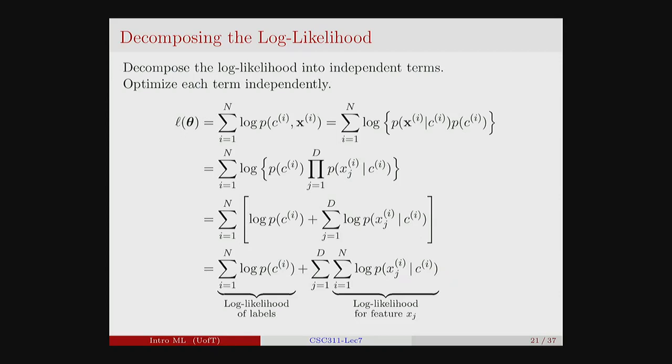For this choice of model, we have the following parameters: pi and theta jc for all j comma c. So we have these 2D plus 1 parameters that we're going to use this capital vector theta to represent, and the log likelihood of this data set is going to be the summation of the log probabilities of each pair of ci and xi.